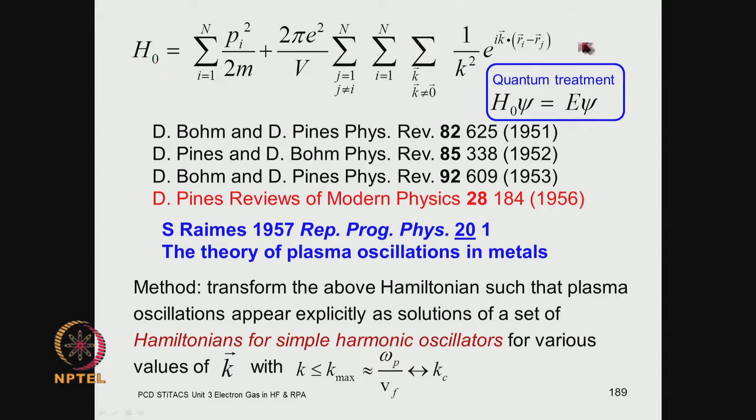Now, this certainly does not look anywhere like a Hamiltonian for a linear harmonic oscillator, right? But then can we carry out certain transformations on the Hamiltonian and then make the transformed problem look like a simple harmonic oscillator which will correspond to the collective excitations of the electron gas, which are described by the plasmons.